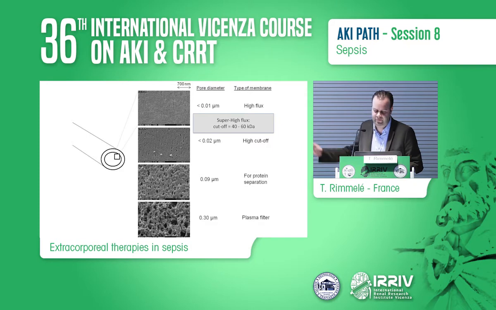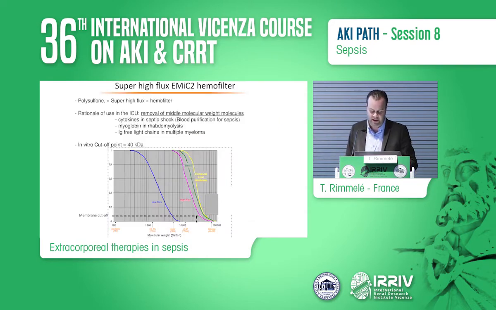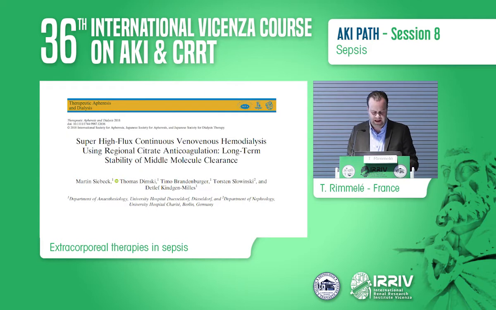So this super high flux membrane has a cutoff between 40 to 60 kilodalton. And the idea, this is the MIC2 membrane here, the green line. You increase a little bit the cutoff, and then you get more inflammatory mediators from the blood without too much albumin removed.